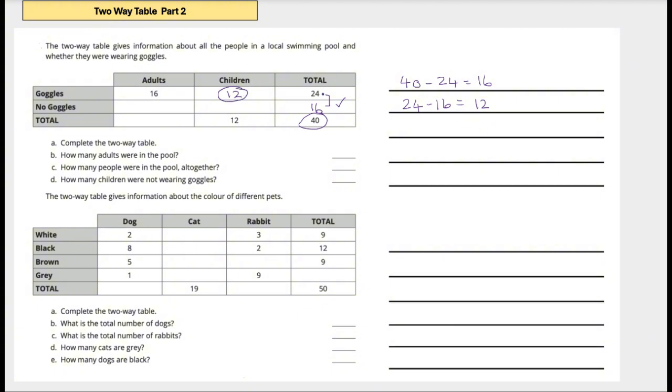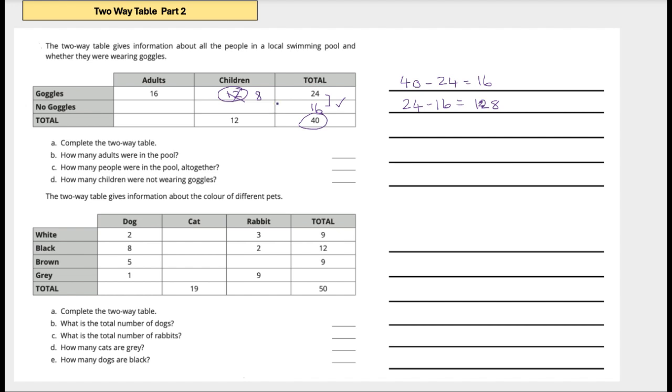What is 24 subtract 16? We haven't got a calculator, remember, guys, so we're going to have to use our brain. I get 8. Let's see if that works. 16 plus 8 equals 24. Perfect.